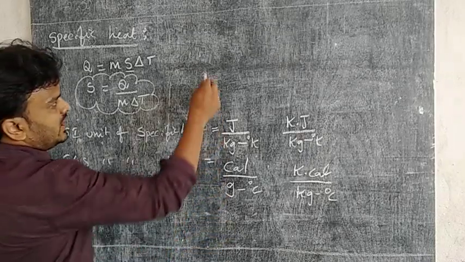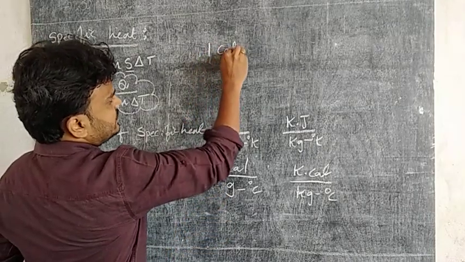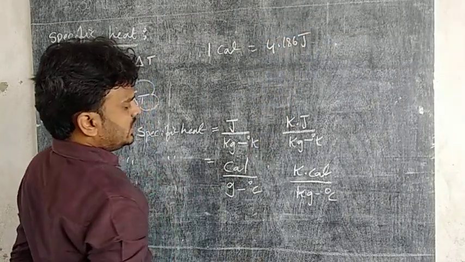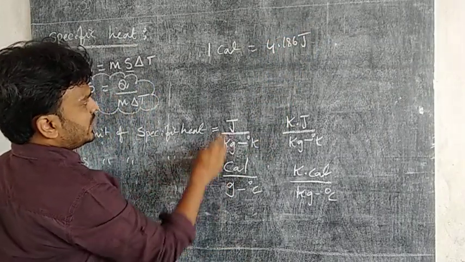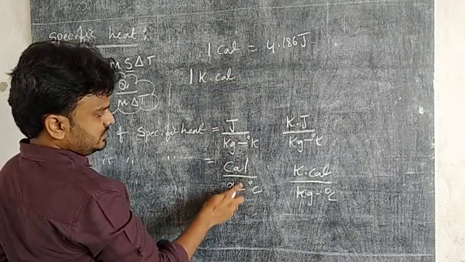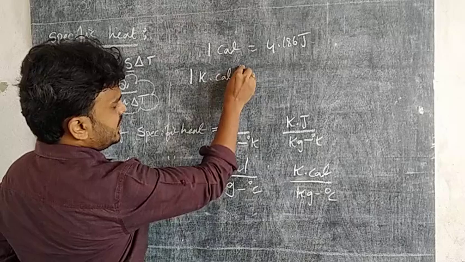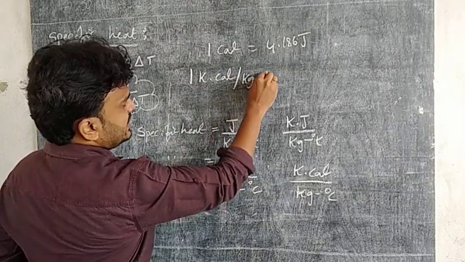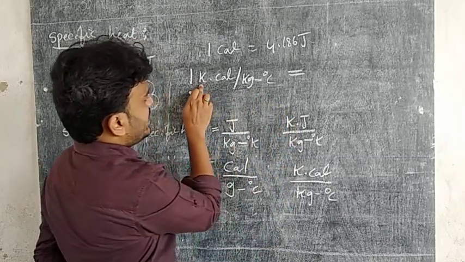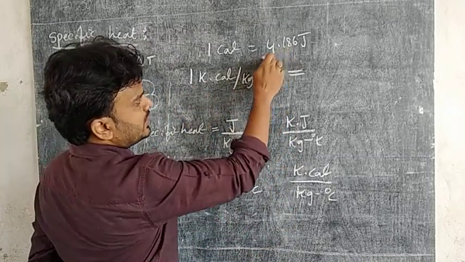Then we already know that 1 calorie is equal to 4.186 joules. Then 1 kilocalorie per kg per degree Celsius is equal to how many joules? Here we have taken kilograms, so convert into kilogram.